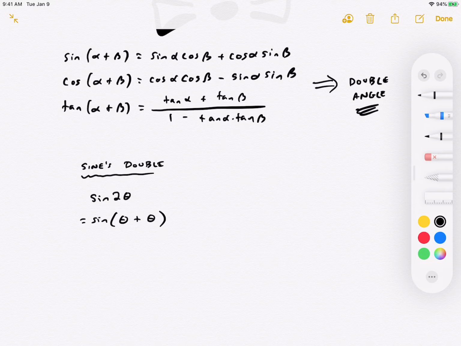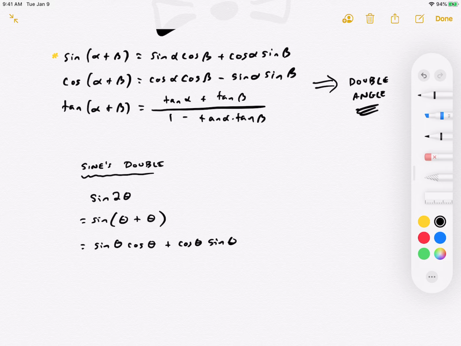And in that sense, I can go back and use the identity that I established about sine of alpha plus beta, where alpha and beta were thought of as 2 different angles. Now I'm just thinking about them as the same angle. So following that prescription, it'd be sine of the first angle times cosine of the second plus cosine of the first times sine of the second.